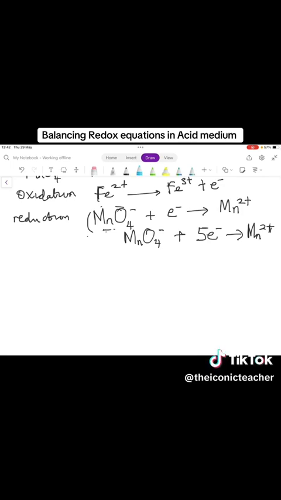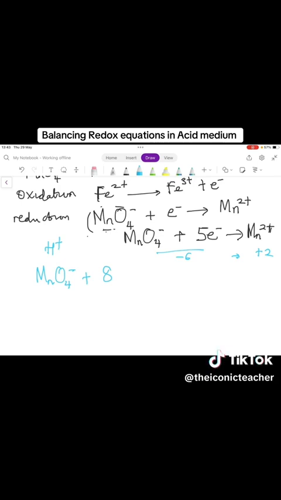On this side I have -6 charge, and here I have +2. Remember that hydrogen ion is positively charged, so how many moles should I introduce to the reactant side so that I can have a balanced reaction? I'm going to introduce 8.